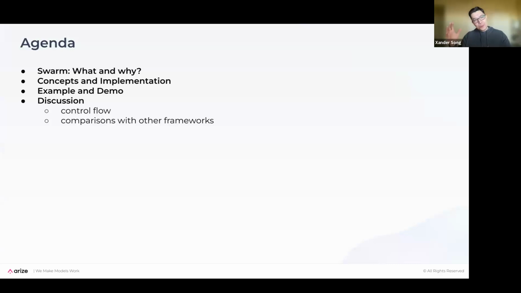Sweet. All right. So in terms of what's on the agenda today, we're going to talk about what is Swarm. We're going to talk about why you should care about it, because, as I said, it's kind of an experimental thing. It's not actually published on PyPI. So why should you care about it, right? We're also going to talk about the core concepts in Swarm, and we're going to dive into the implementation. One of the nice things about Swarm is that it's really not a lot of code.